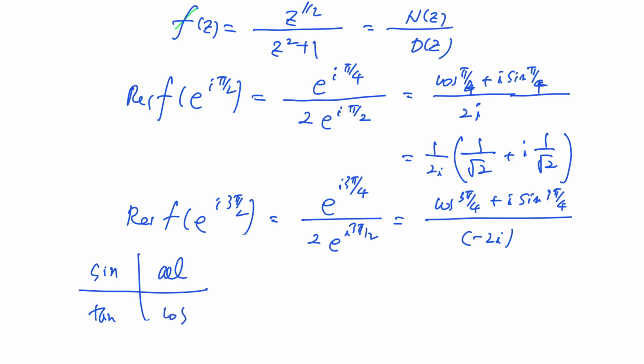So cosine 3 pi over 4 is minus square root of 2 over 2, plus i square root of 2 over 2.